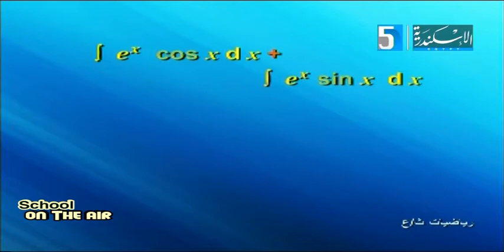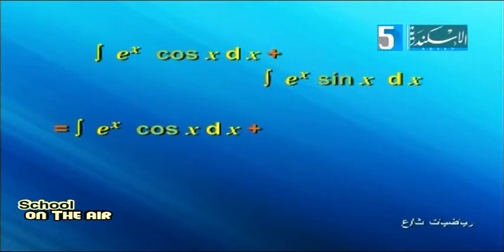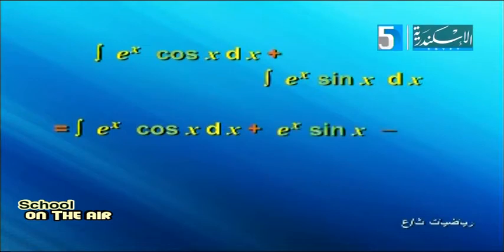Then the integration of e power x cosine x dx, the first term, plus the integration of e power x sine x dx equals e power x sine x minus the integration of e power x cosine x dx.